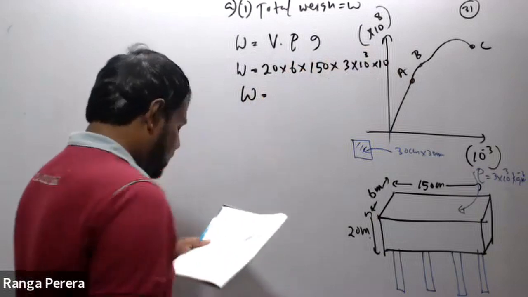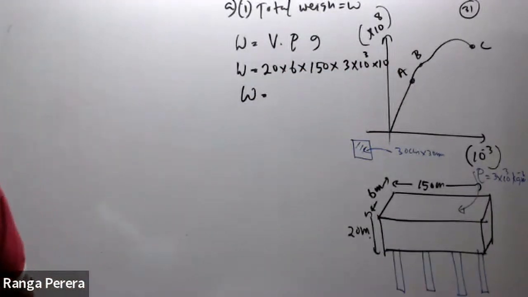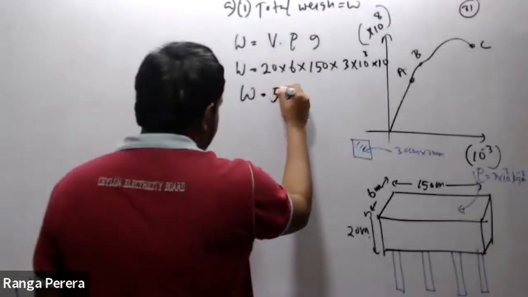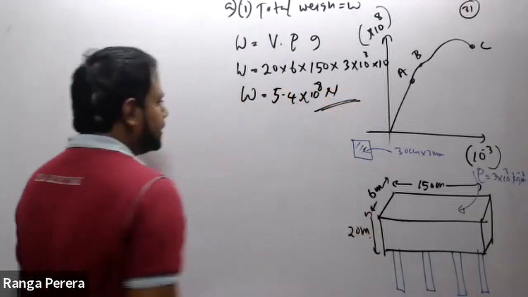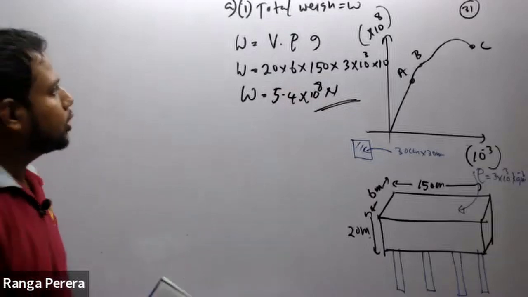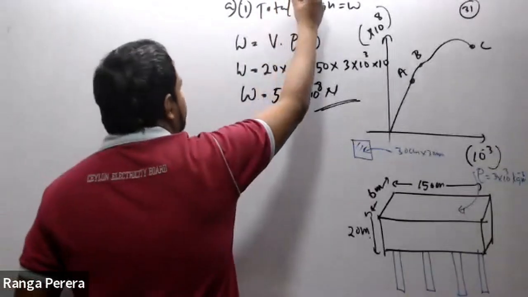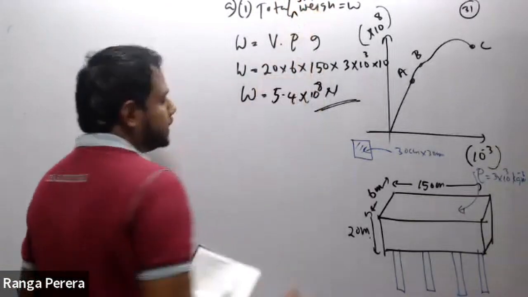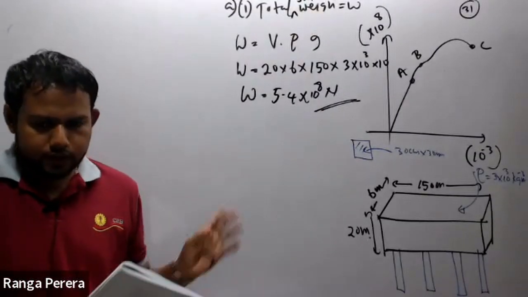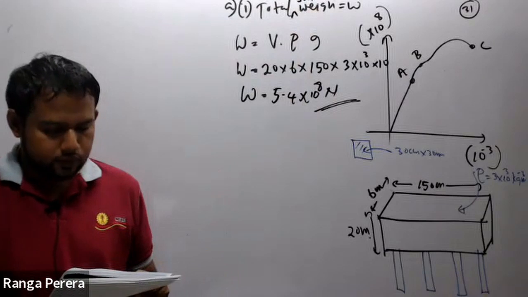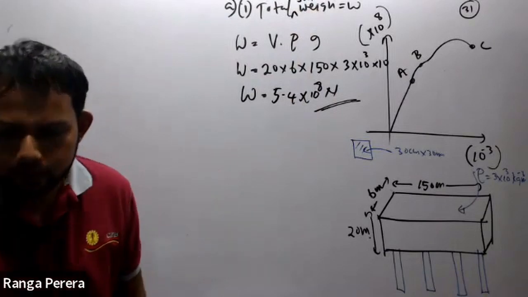W equals 5.4 × 10 to the power 8 Newton. This is the soil weight. Total soil weight W is 5.4 × 10 to the power 8 Newton. Anything to ask, any one of you?